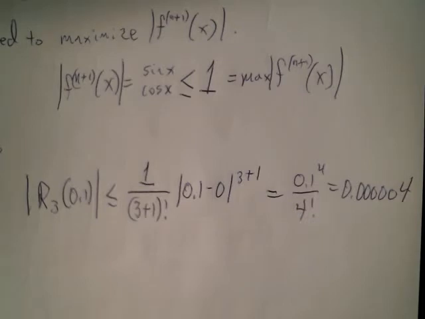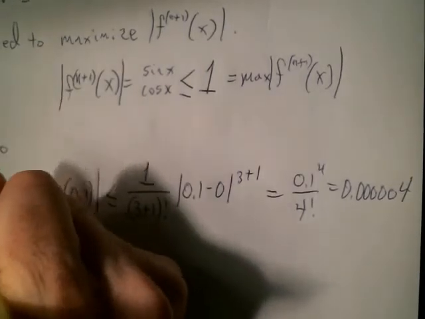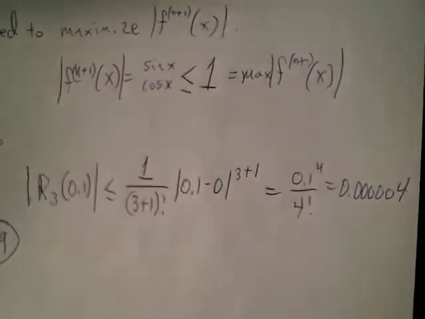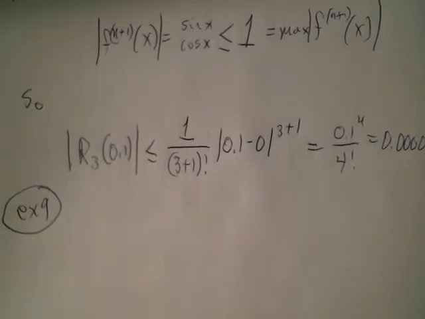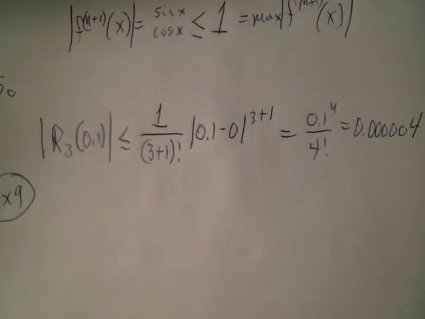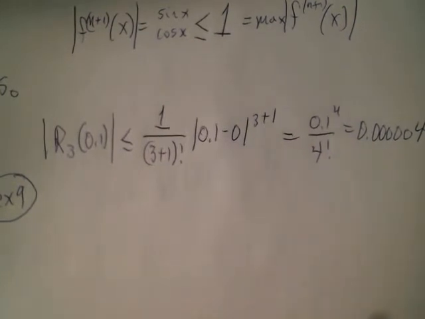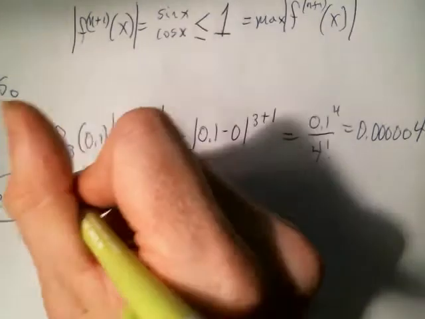Let's move on then and look at the other side of the coin in example 9. So we're trying to figure out how many terms I really need for an approximation to be less than some error. Okay, so for the difference between the actual function and this polynomial to be less than something.